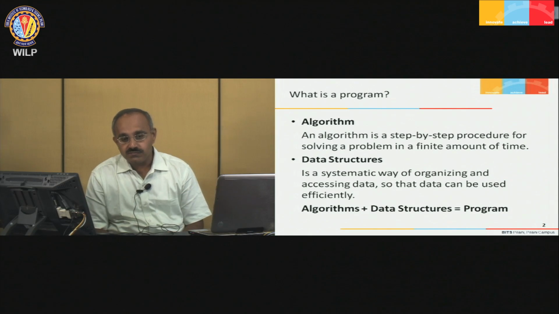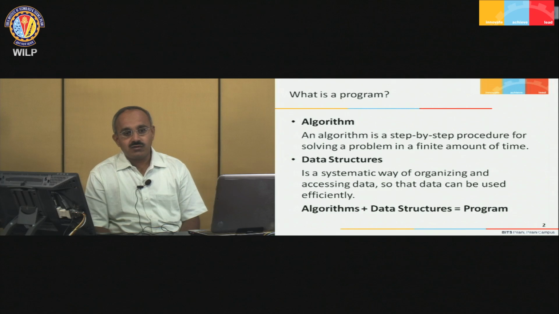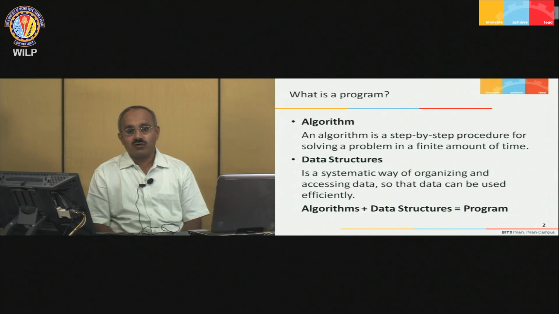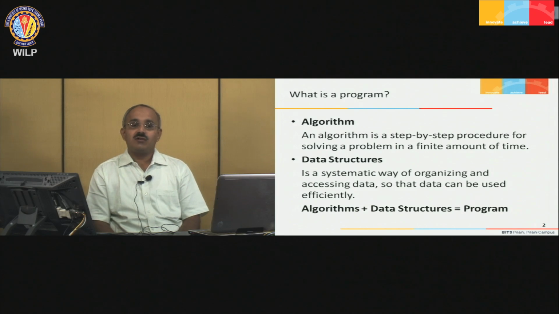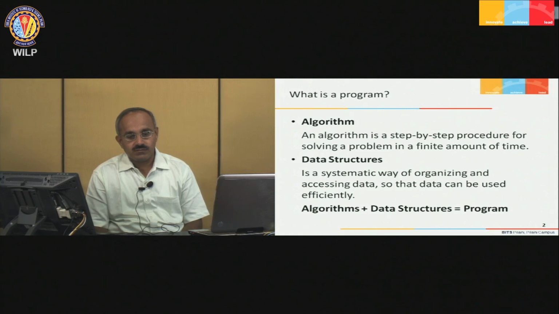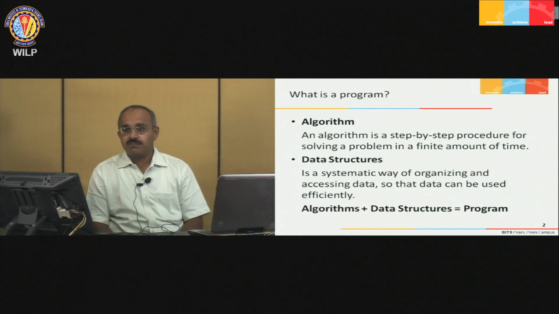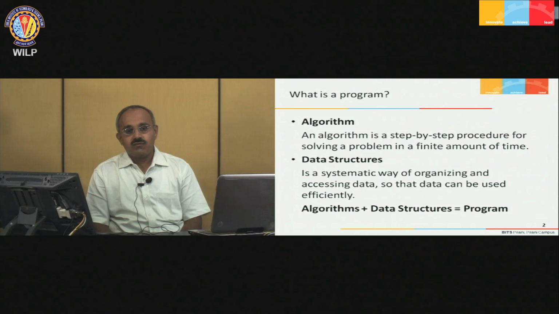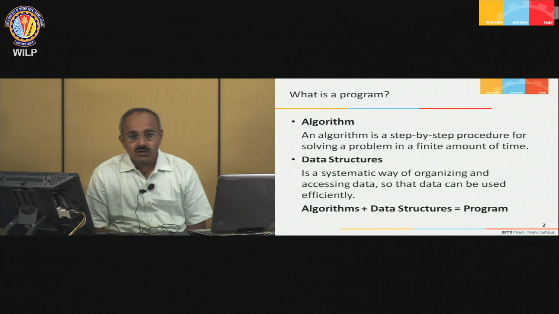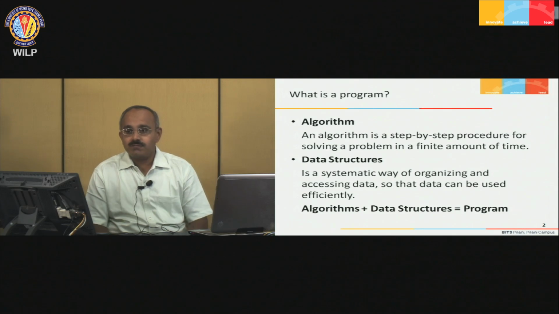What does that mean? Suppose we take a quadratic equation, we know how to find the roots of it. The procedure to find the roots of a quadratic equation does not depend upon a particular instance of a quadratic equation. So, that is the first key point: an algorithm is supposed to solve all the instances of a problem.